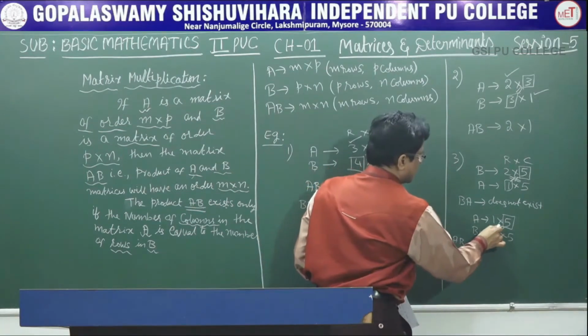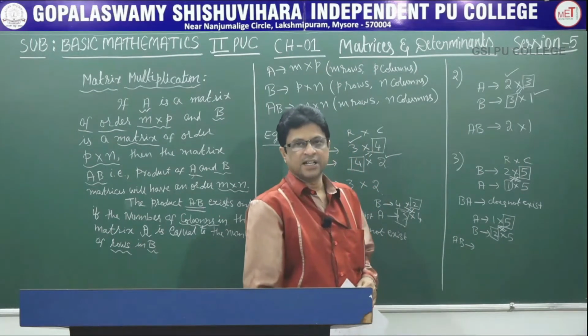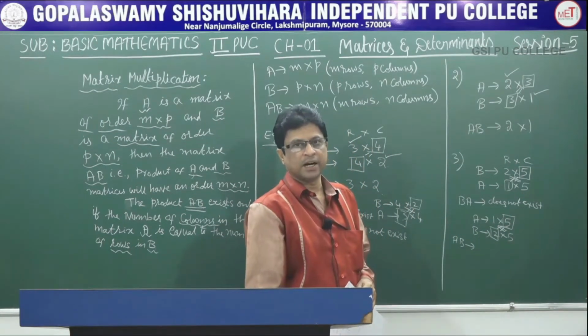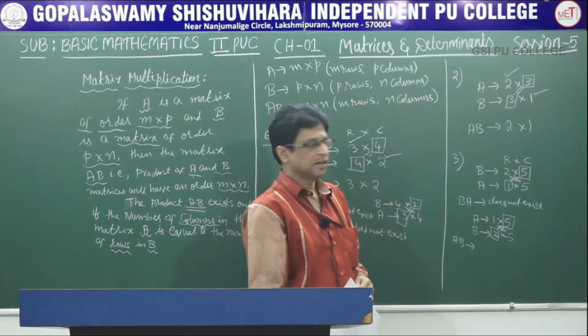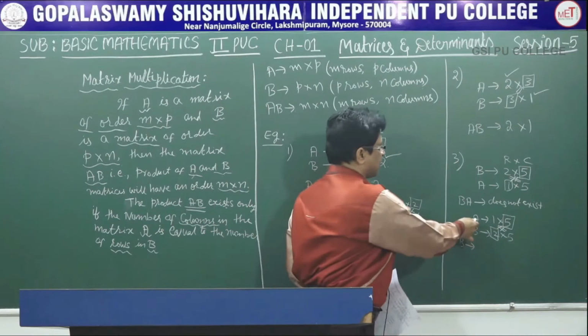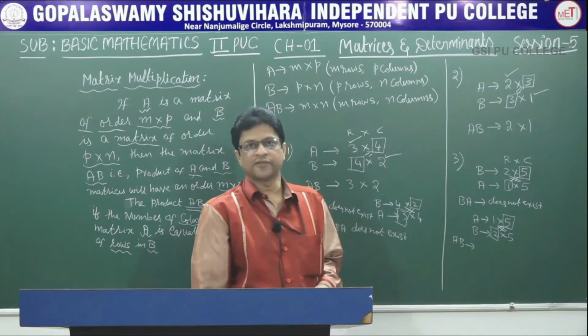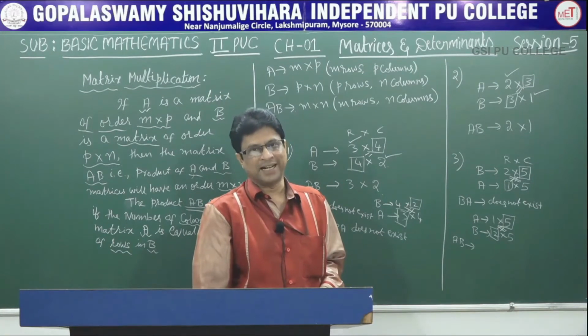So, the number of columns in A is not equal to the number of rows in B, or you can interpret it like this also, the number of columns in the first matrix is not equal to the number of rows in the second matrix.